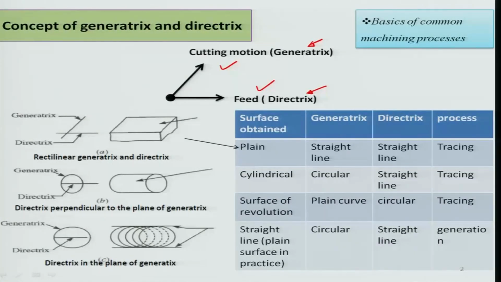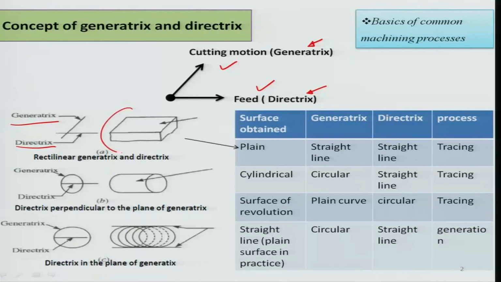So, as the name indicates, the different geometries that are expected out of machining processes are formulated by a manipulation of the generatrix and the directrix. For example, let us say in case of a shaper machine or a plane machine, there is a movement of the tool with respect to the workpiece which is mostly on an XY plane.